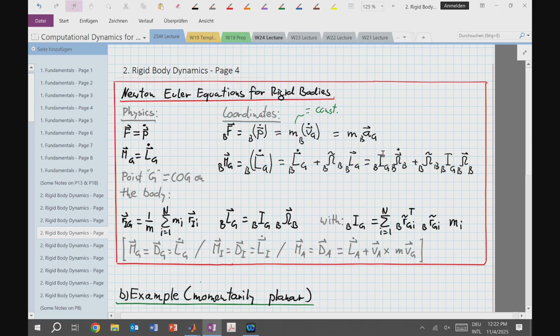So some similarity: here I have mass times acceleration, here I have mass times acceleration. But then for rotations, I have this term back here. Where does that come from? Why does that not show up here, but shows up for rotations?